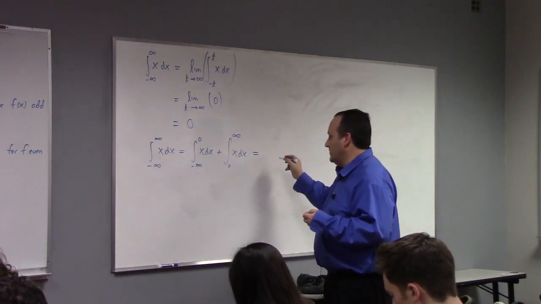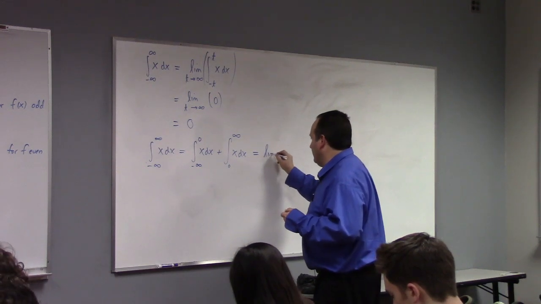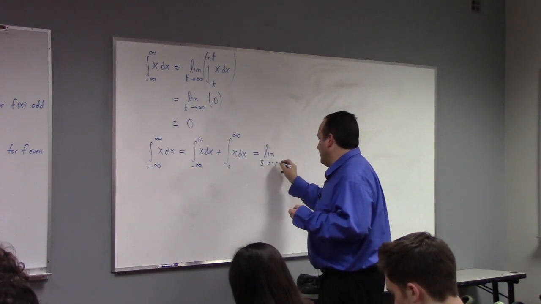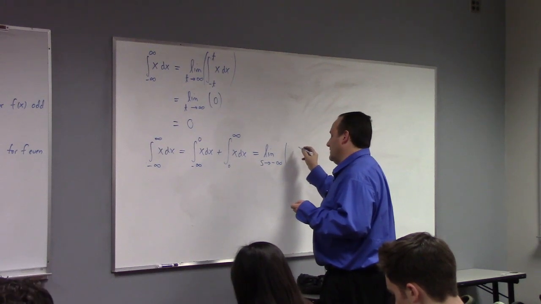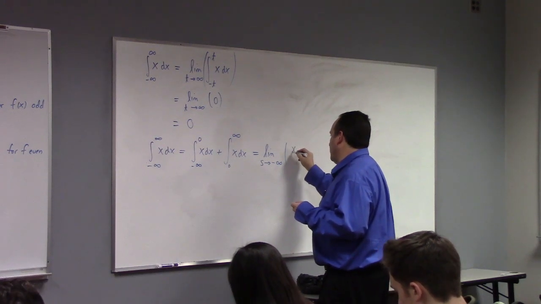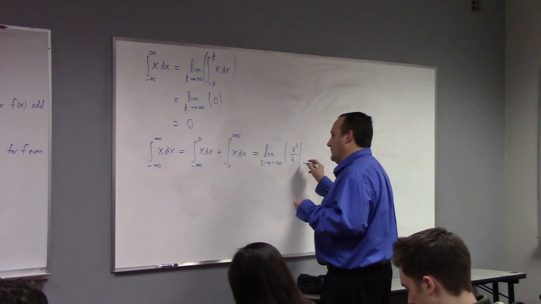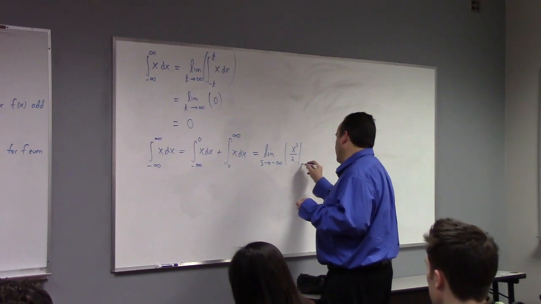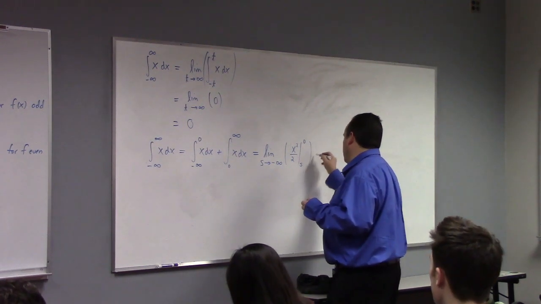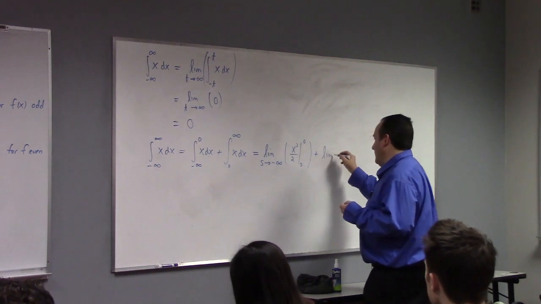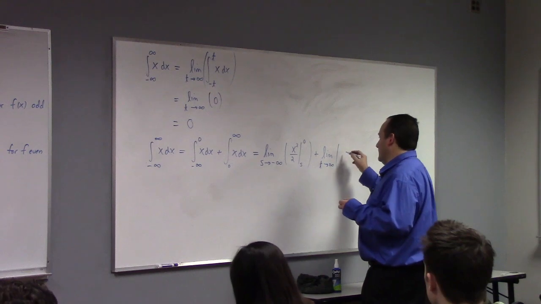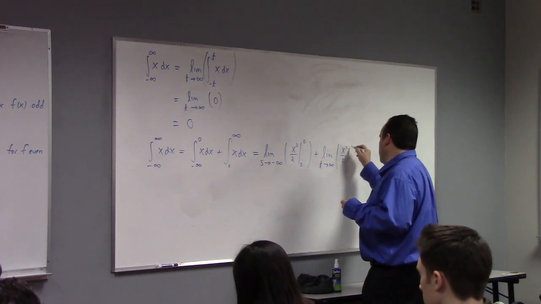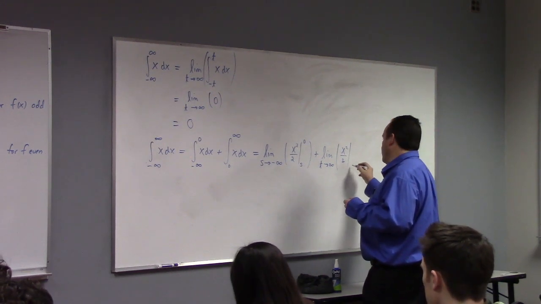And so what you're getting is the limit as, let's say, s goes to minus infinity of x squared over 2 evaluated from s to 0, plus the limit as t goes to infinity of x squared over 2 evaluated from 0 to t, right?